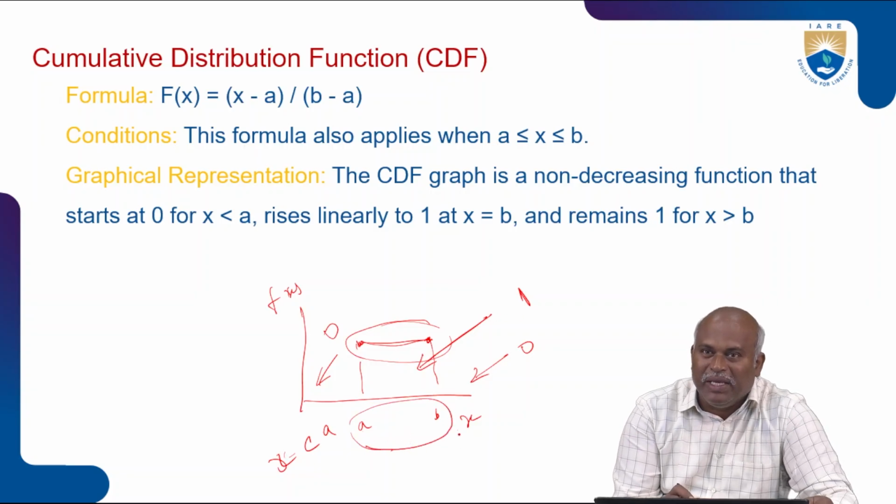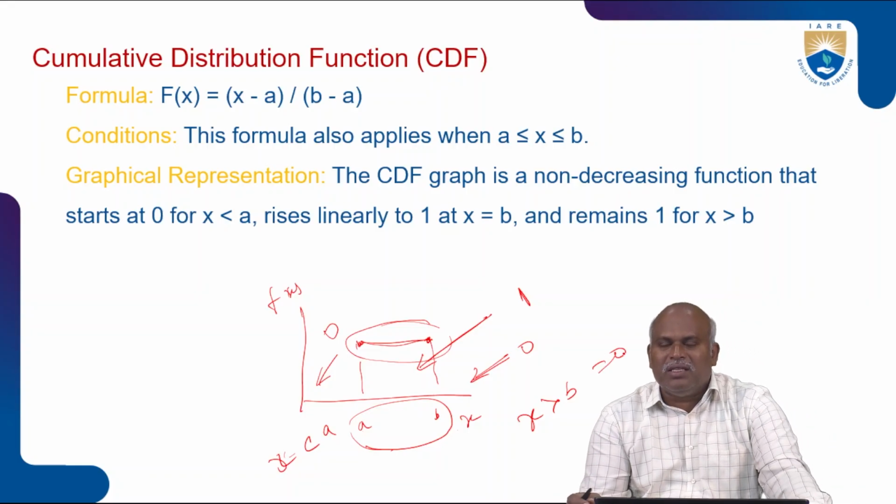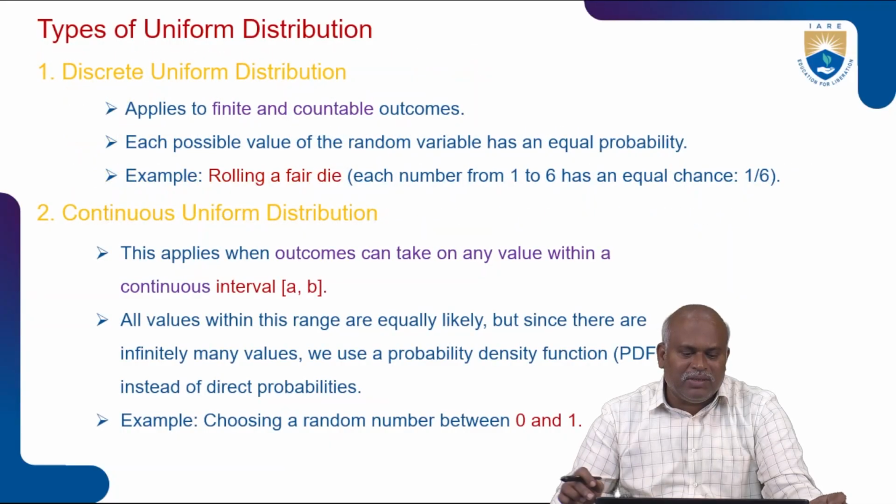That means a to b, and the remaining portion, x greater than b, is equal to 0. This is what is represented as the graphical representation of the cumulative distribution.